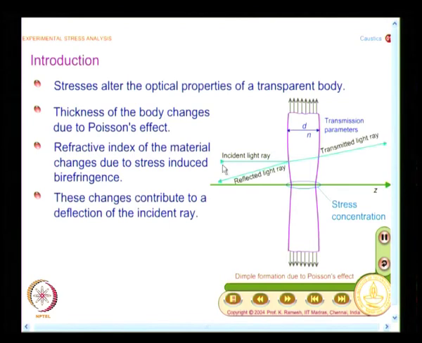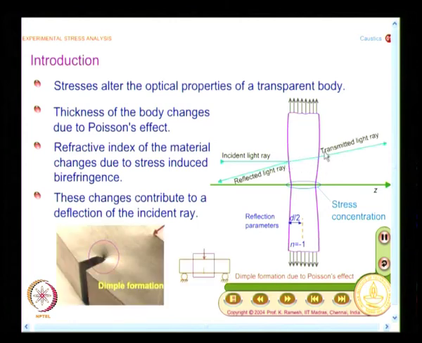So, what I see here is I have an incident ray and it gets transmitted, it does not go straight, it gets deflected. And because of these changes, when I send a beam of light, I will get a shadow essentially behind the specimen in the transmission arrangement, and in the reflected one you will see it on this plane.